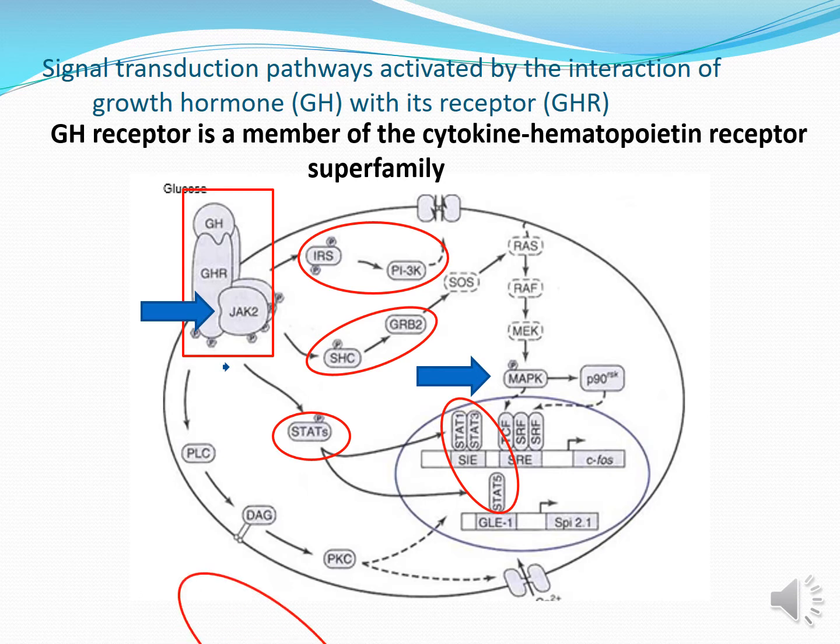And lastly, phospholipase activation with the production of diacylglycerol and the activation of protein kinase C. These four pathways are activated mainly. The JAK kinase pathway is unique to this class of receptor, since the other pathways are activated by a number of different hormone receptors.